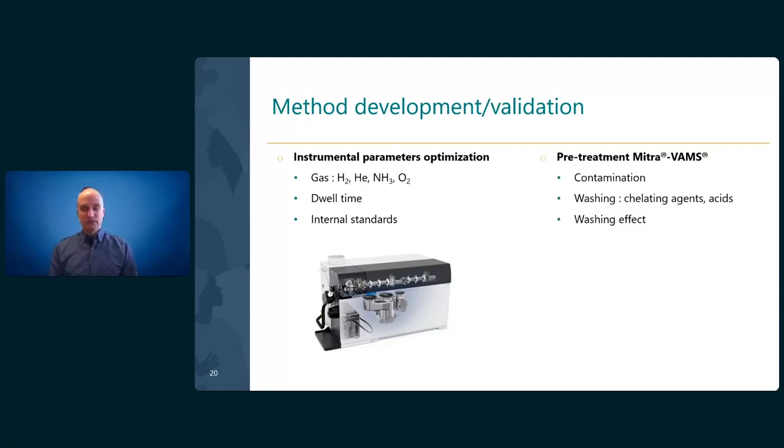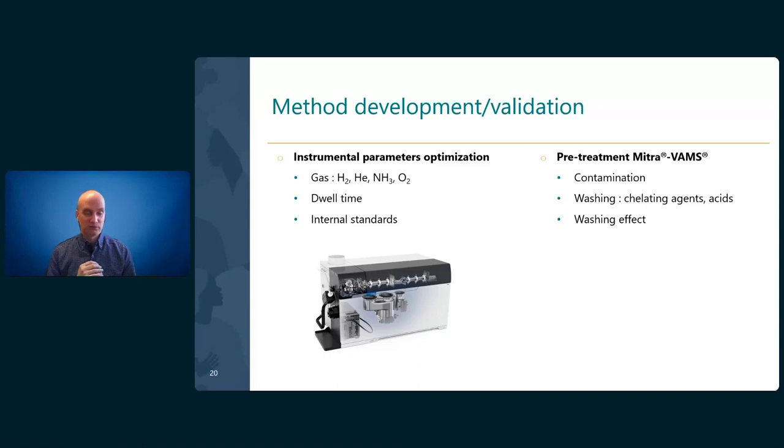We also checked on the VAMS contamination, so the pre-treatment of the VAMS. And yes, we figured out that for some elements there is a kind of contamination. We tried two different approaches, chelating agents or acid, to get rid of those contaminants. For some of them it works very well, for others less.